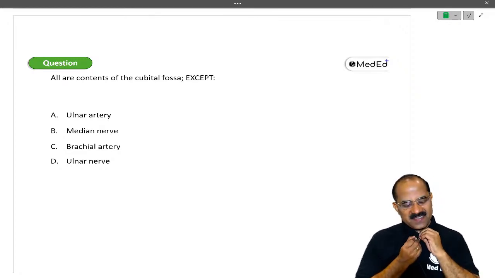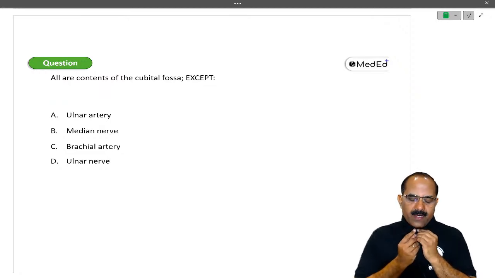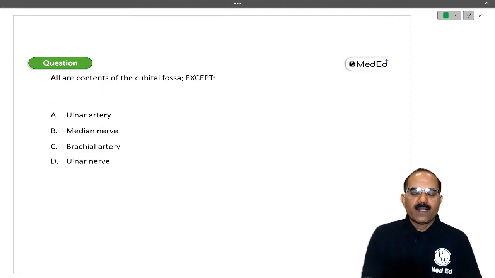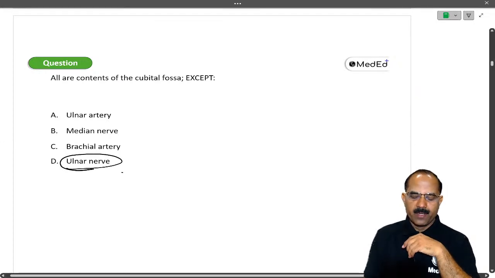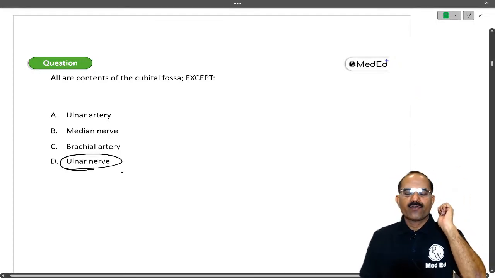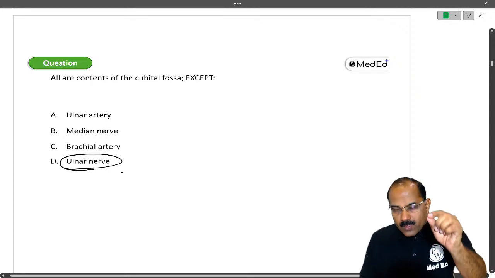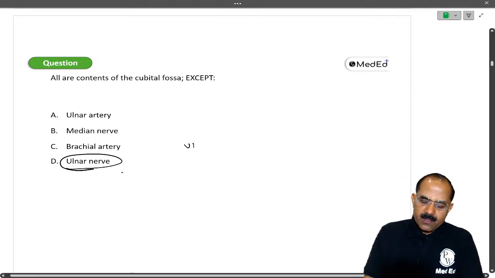Snehajit? Except the brachial artery. The ulnar nerve is not a content of cubital fossa. So which is the most medial content?